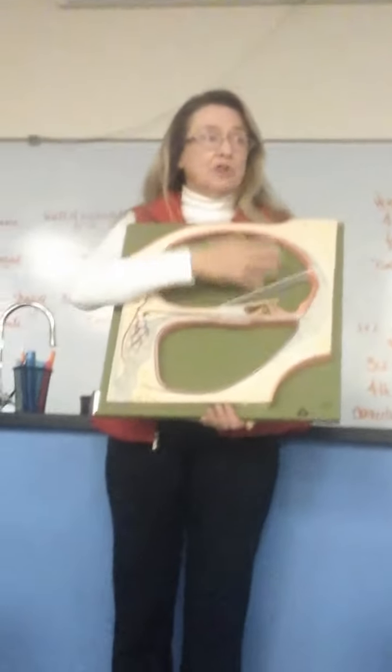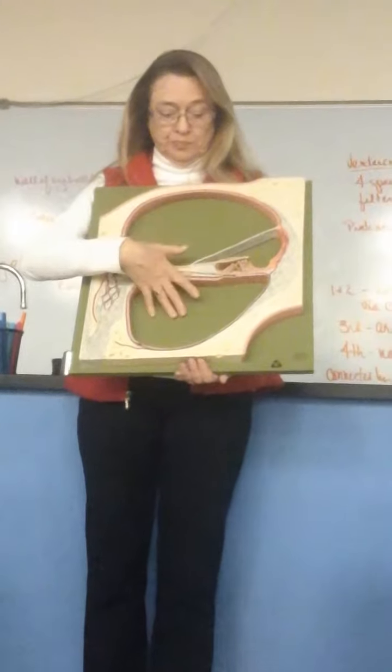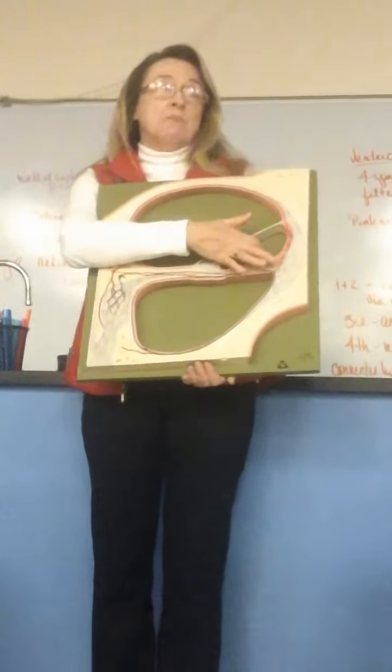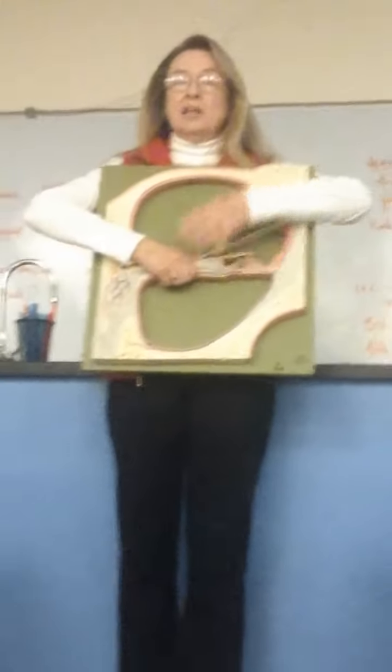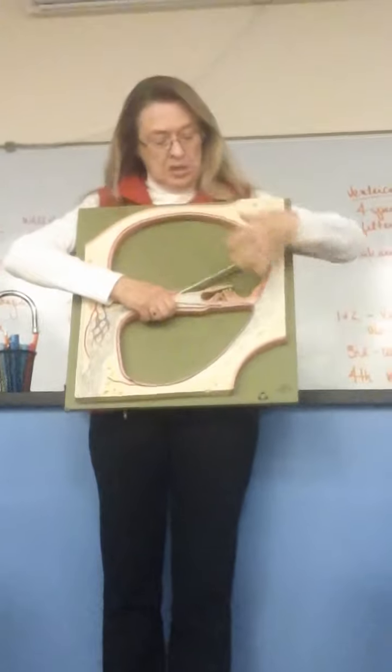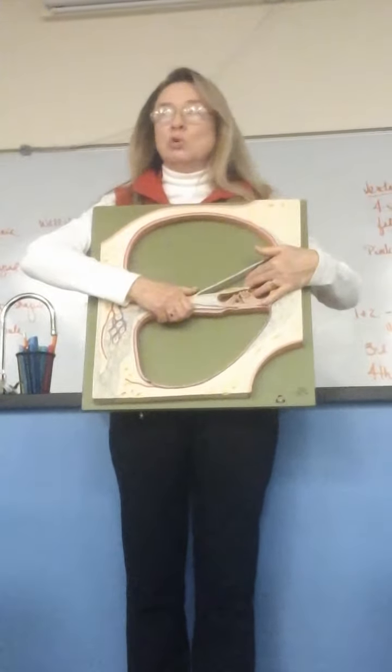Now all of these are filled with fluid. These two have the same fluid. This compartment here has a different fluid, and it is divided from these others by membrane. This whole wedge-shaped area is the cochlear duct.